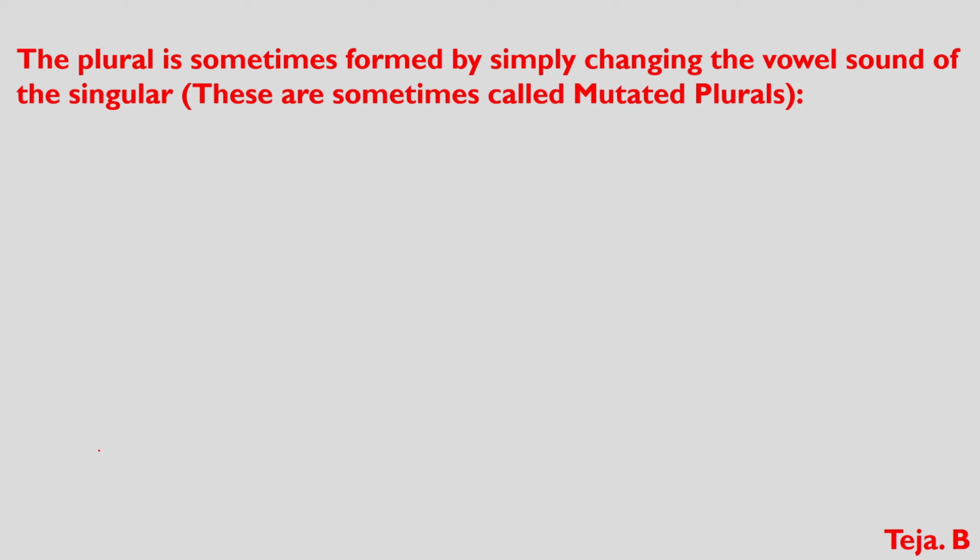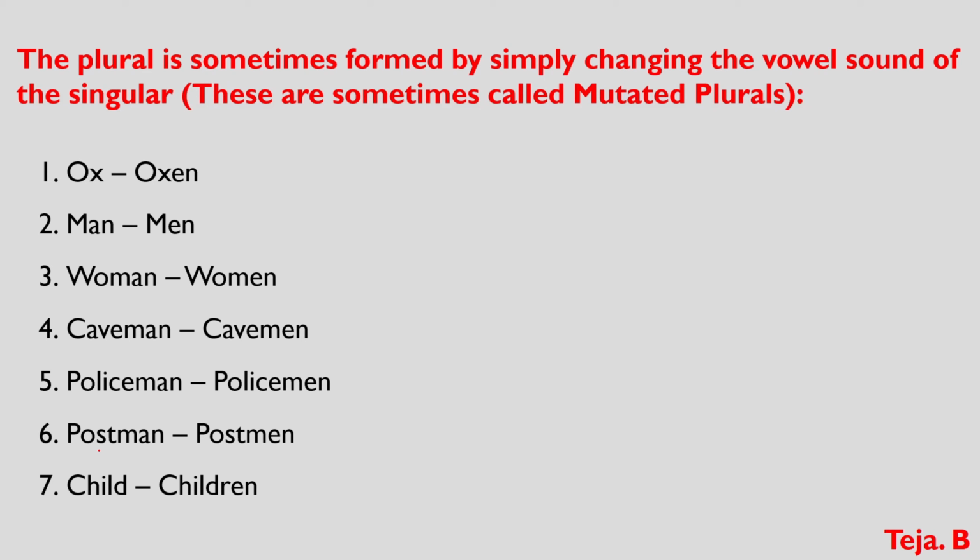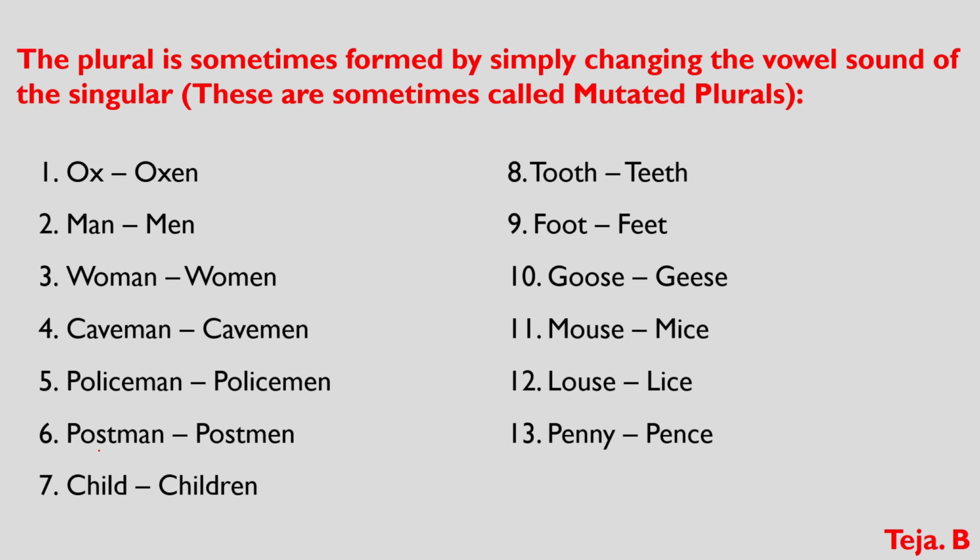Okay? The next concept we are going to see. Plural nouns sometimes form by simply changing a vowel sound. These are mutated plurals. An ox, oxen. Don't say oxes. Most people in spoken communication use men's, but it is men. Just like woman, women.